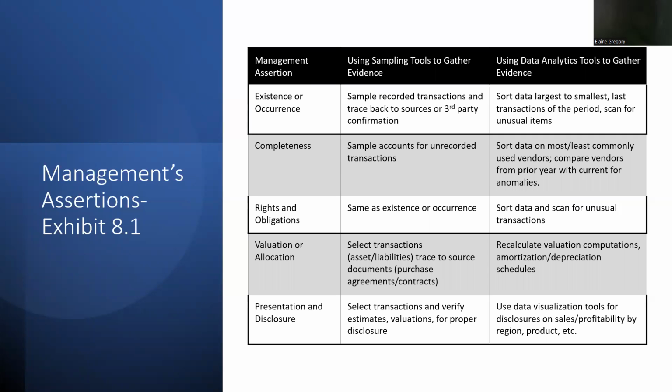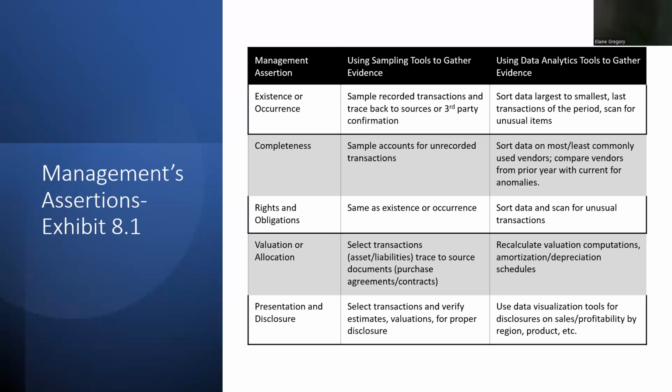Now, remember, management has 5 assertions. They are going to assert that there is the existence or occurrence of something, the existence of an asset, the occurrence of sales, that the information is complete, that the management will state that any asset or obligation is that they have the right to that asset or they have the obligation to that liability.